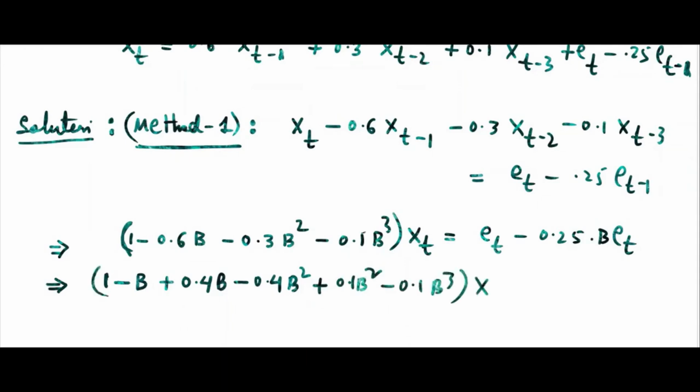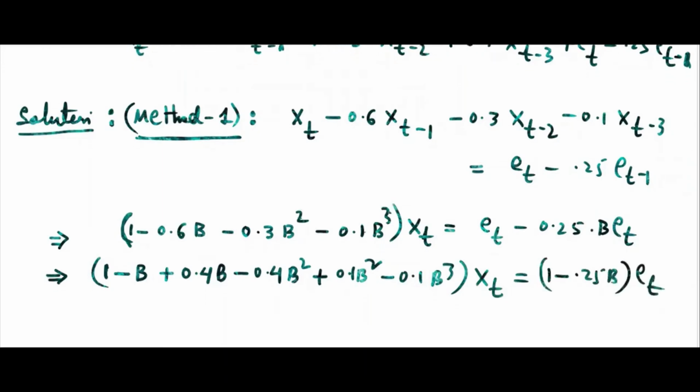Okay, you will get this way. Then it will be 1 minus 0.25 b et. Now if you see, there is a 1 minus b common from the first two terms, then the next two terms. If you take 1 minus b common, you will get 1 here, and plus 0.4 b here, then plus 0.1 b square here.